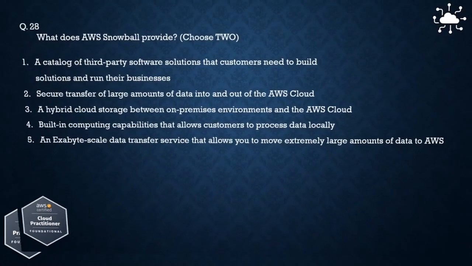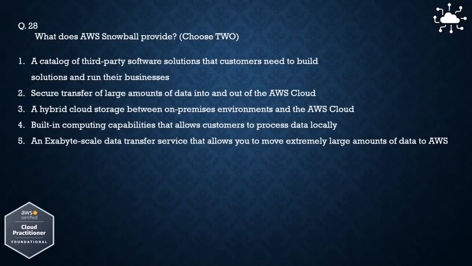Question number 28. What does AWS Snowball provide? Choose 2. 1. A catalog of third-party software solutions that customers need to build solutions and run their businesses. 2. Secure transfer of large amounts of data into and out of the AWS cloud. 3. A hybrid cloud storage between on-premises environments and the AWS cloud. 4.